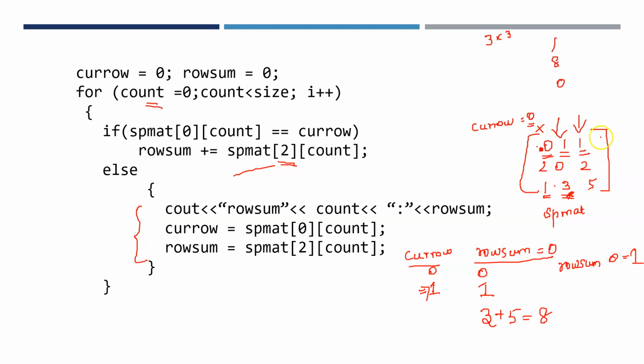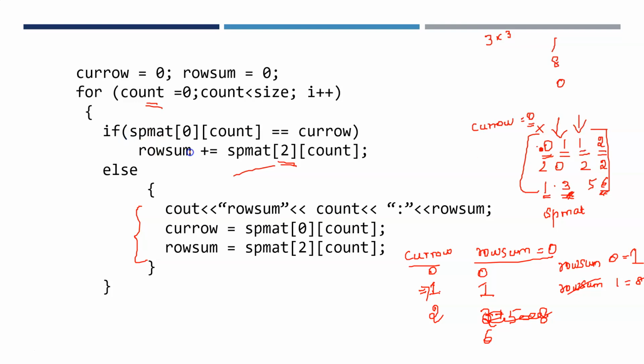If I have one more entry like this, 2, 6 here, now again it will go here and look into this row. Here it is 1, but here the row number is 2. Hence, this row would be printed. Row 1 is 8, and the current row is replaced with 2 and the sum is replaced with 6, because one row has ended.